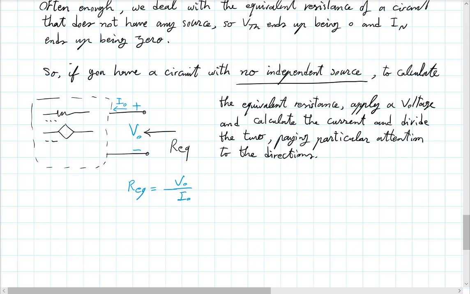So basically, I have applied a voltage source there, or connected a voltage source there, solved the circuit, and you see there's no problem in having some dependent sources there. Solve the circuit. The ratio of these two currents is the resistance.